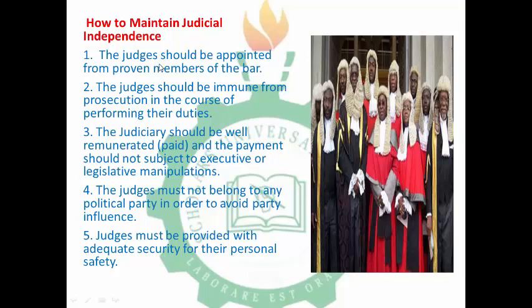So when we have those judges with integrity in the bar as our judges in the country, we will be able to have the true independence of the judicial system in the country.